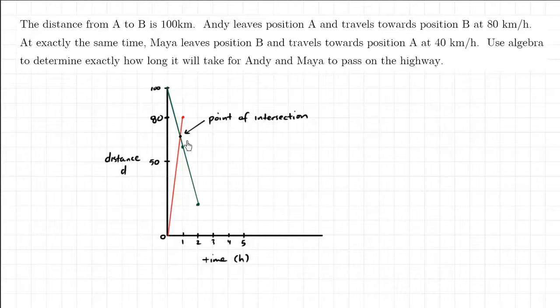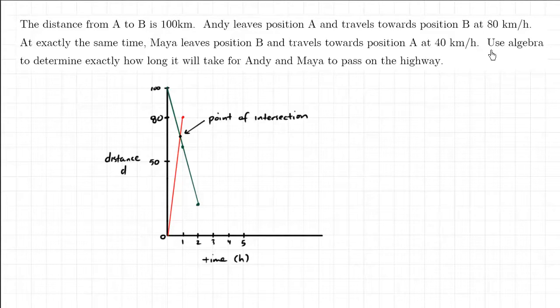A negative velocity means we're coming back. So for every 1 hour, we're going down 40 units in terms of distance, 40 kilometers. So 1 hour passes here, 1, 2, 3, 4. We can sketch this and get a rough estimation of the time when Andy and Maya pass each other, which is the point of intersection.